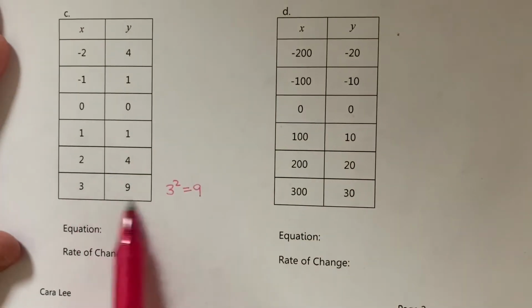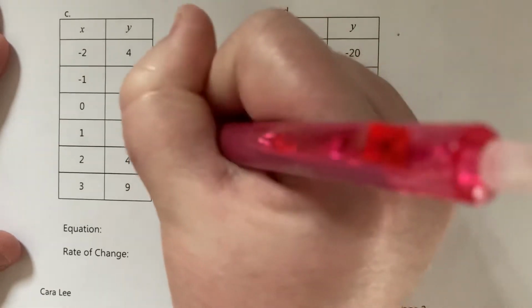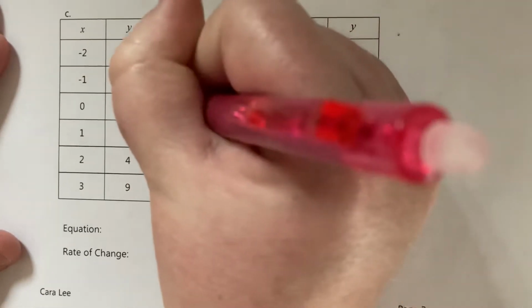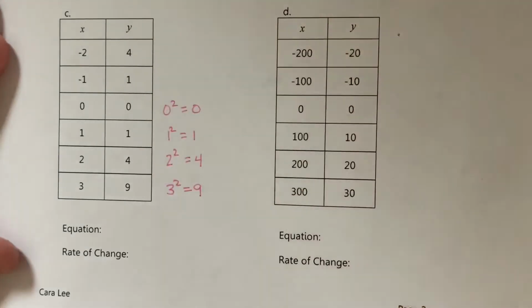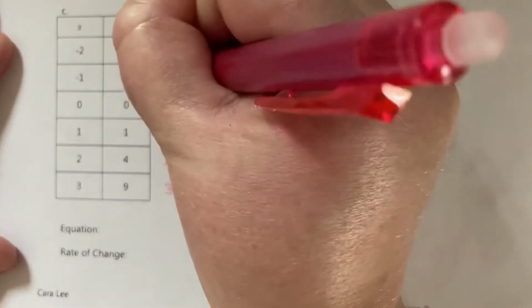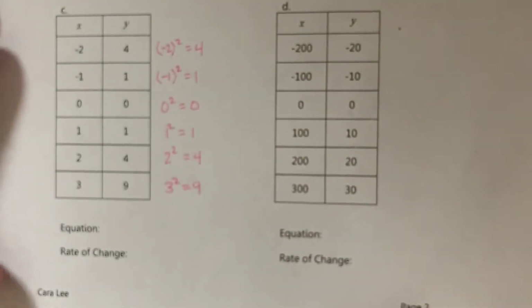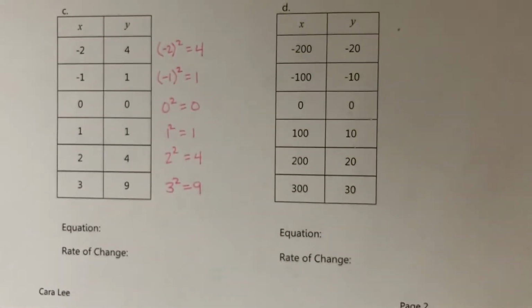That's one way to get from 3 to 9. And 2 squared is 4. And 1 squared is 1. And 0 squared is 0. But does this work for the negatives? Let's see. -1 squared. Oh yeah, that's positive 1, because when you square a negative, it becomes positive. So yeah, this totally works.